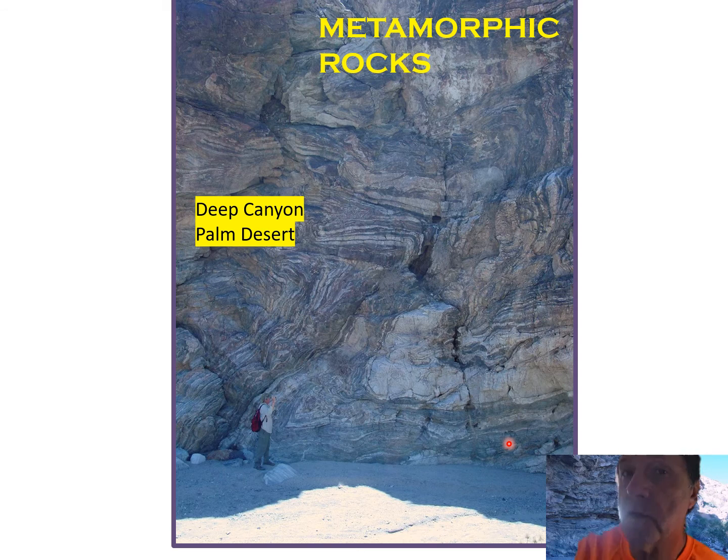This takes a tremendous amount of pressure, temperatures between 150 degrees centigrade and 800 degrees centigrade, and time. Now, anything above 800 degrees centigrade, rocks start to melt, and then they become, as you know, igneous rocks.